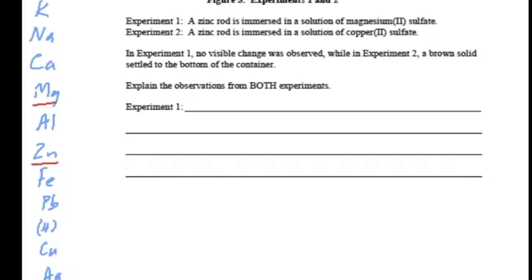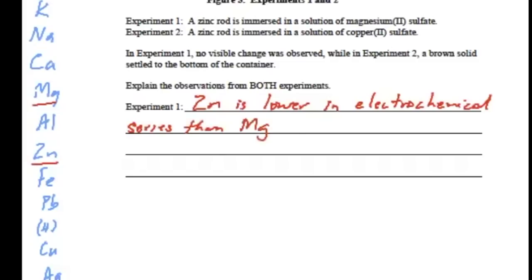So we just need to state here that zinc is lower in the electrochemical series or the reactivity series than Mg, so would not displace magnesium, Mg, from its compound, right?